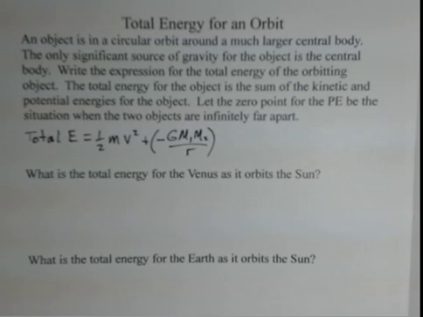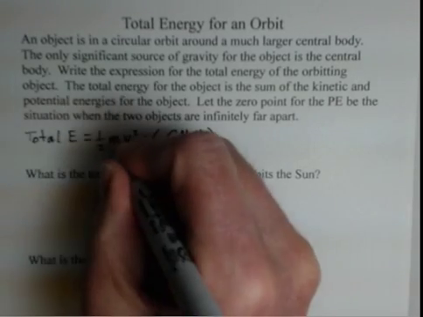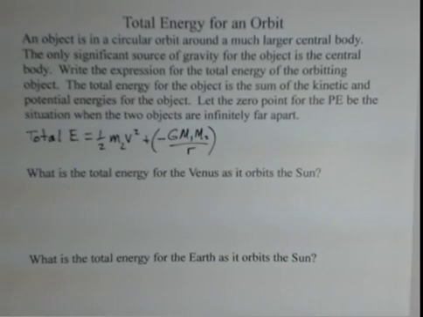The potential energy is negative. So the potential is negative until we get to infinitely far apart, then it's zero. But the way the traditional definition of gravitational potential energy is set up, the potential energies are negative.